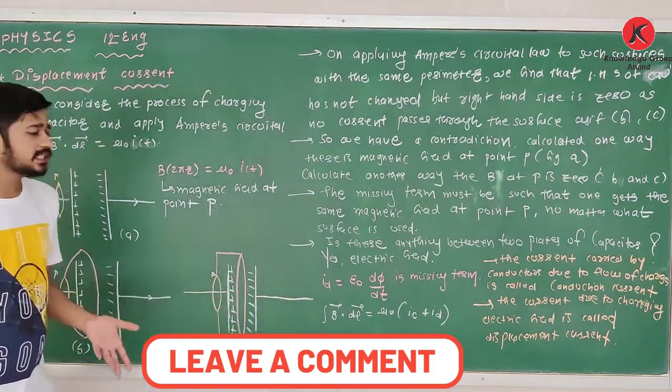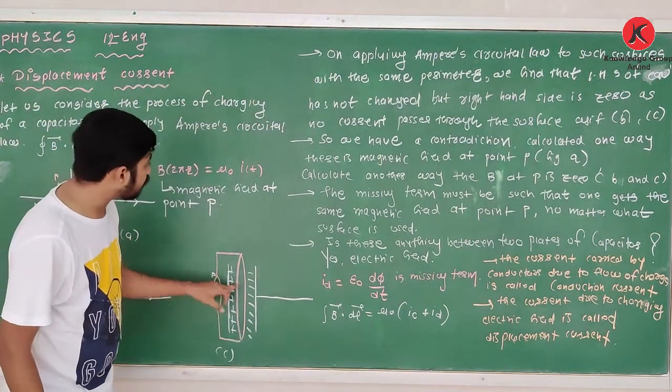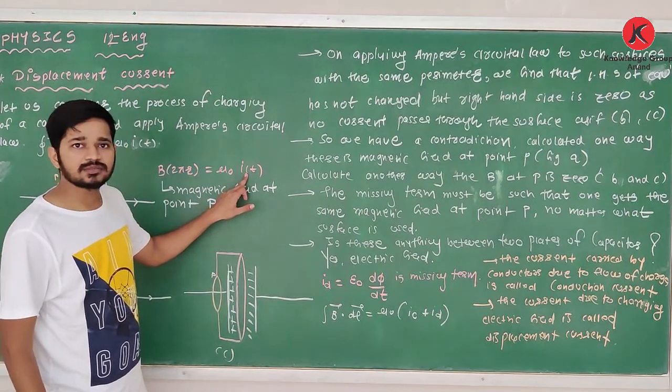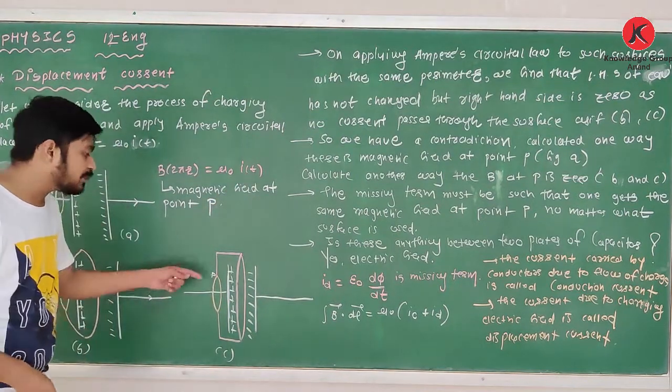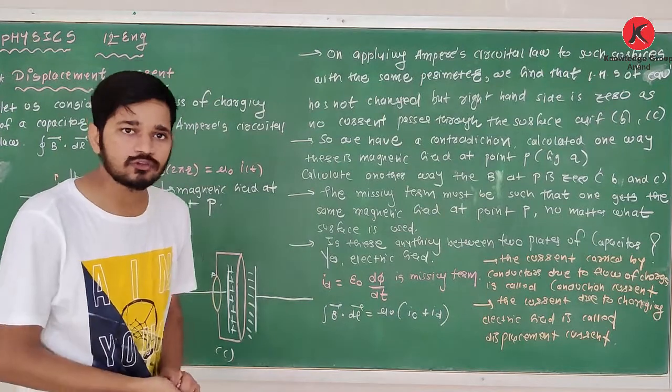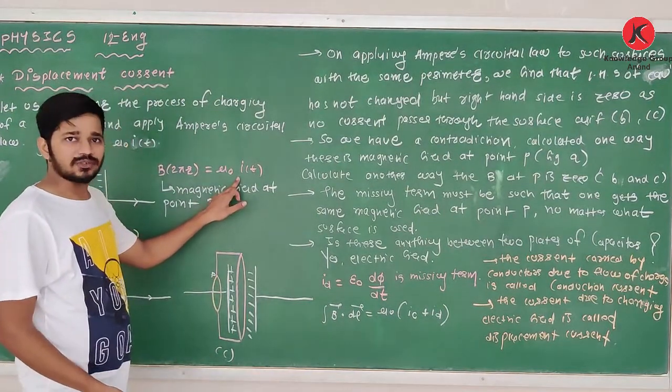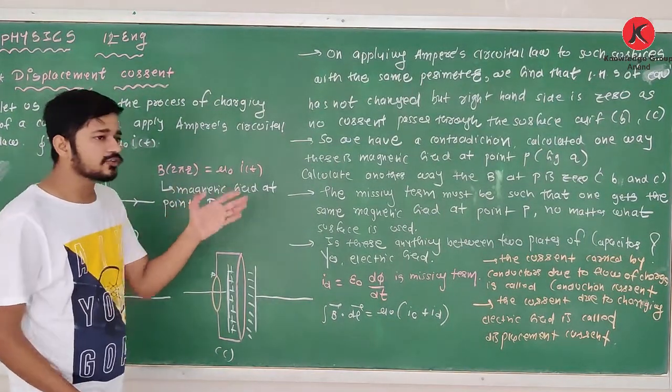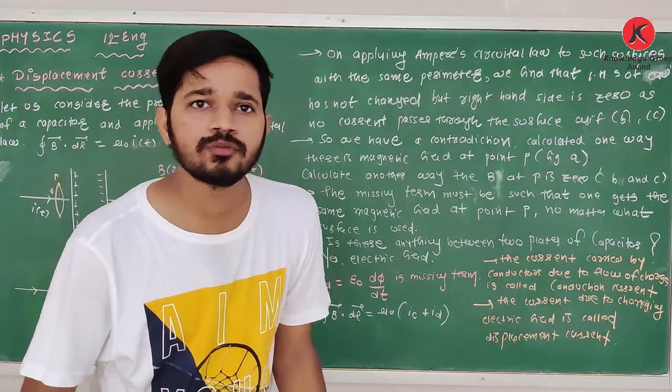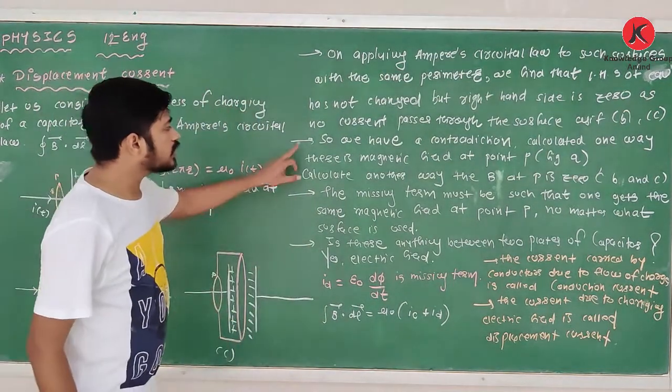What is the contradiction? If the right hand side becomes 0, then B times 2 pi r is equal to 0, which means the magnetic field B at point P is also 0. So what contradiction do we have?